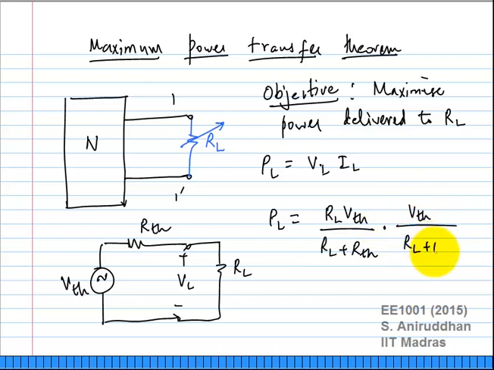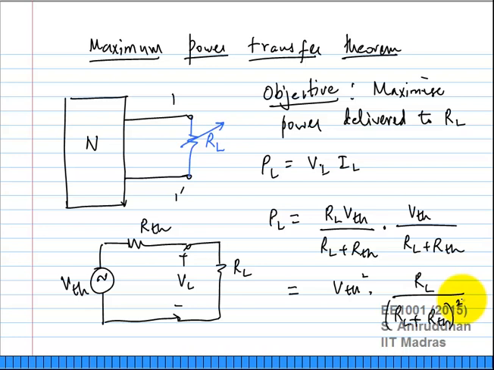VTH by RL plus RTH. Okay, this is the expression for PL. So this is VTH squared times RL by RL plus RTH the whole squared. Is that right? Okay, what do you do next?